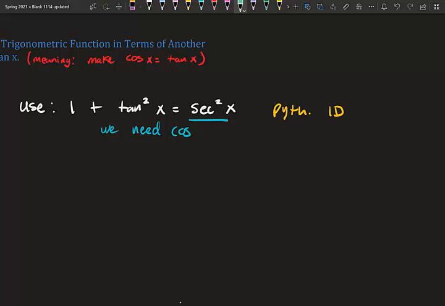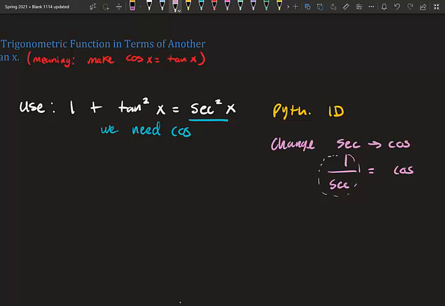So we have the tangent side, but we need the cosine side. Secant isn't cosine straight up. We need to change it to cosine. To change secant to cosine, it's the reciprocal. 1 over secant is the same thing as cosine. So to get cosine of this, we first need this part right here.